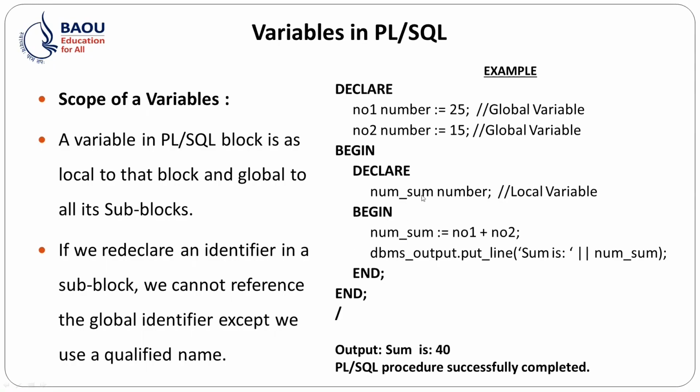If we use num sum outside this block, it will generate an error. And the outer variable is used in the inner block as well as the outer. So the output is the sum is 40 and PL/SQL procedure successfully completed.